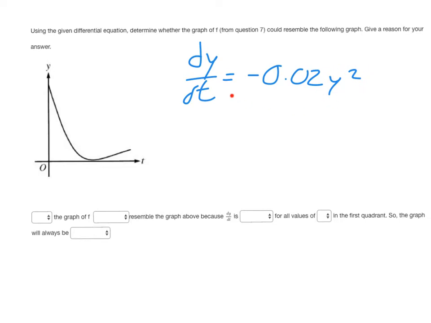So you take a positive times a negative, you're always going to get a negative. So that means no, the graph of f could not resemble the graph above because the derivative is negative for all values of y in the first quadrant. So the graph will always be decreasing.